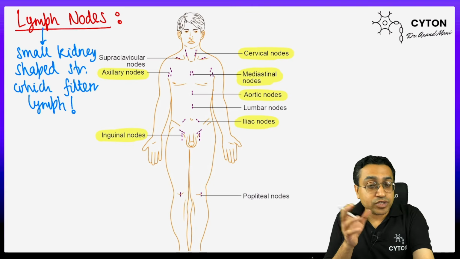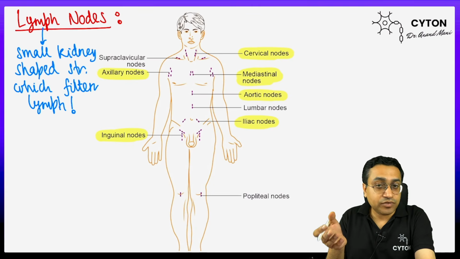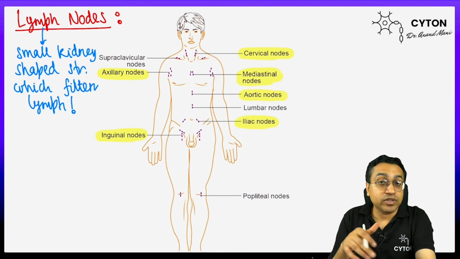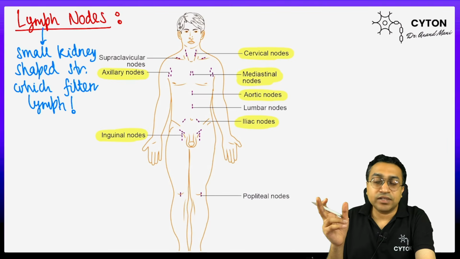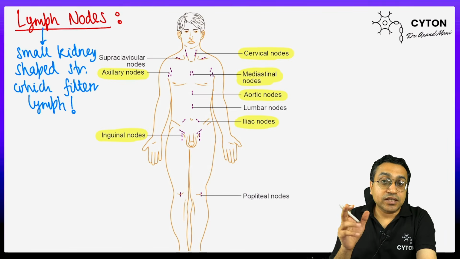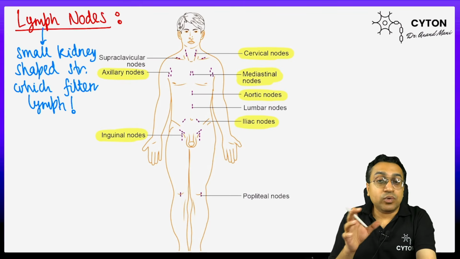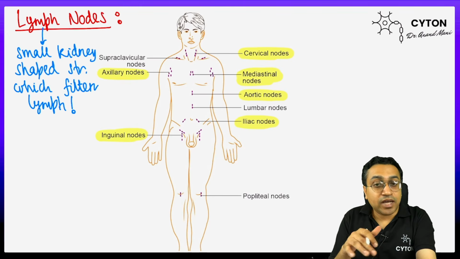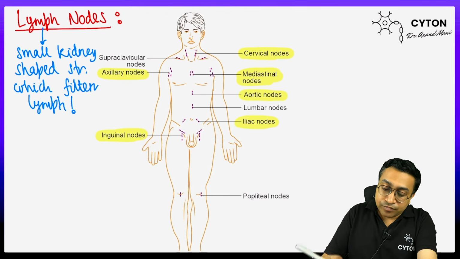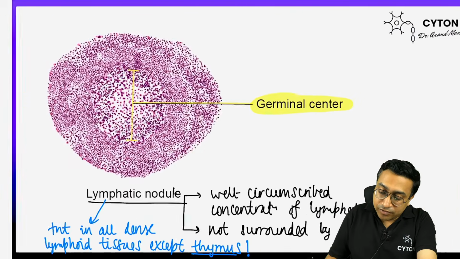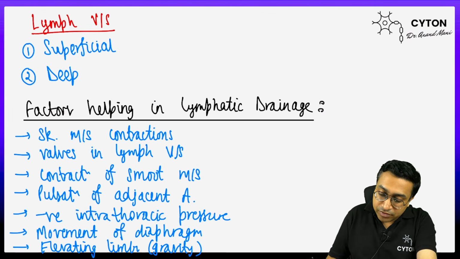The superficial lymph nodes lie in the superficial fascia and they are arranged along the veins. That also you study in detail in the head and neck region. The deep lymph nodes are located deep to the deep fascia and they lie along the arteries. So that is the classical difference between the two. Let me just write here.